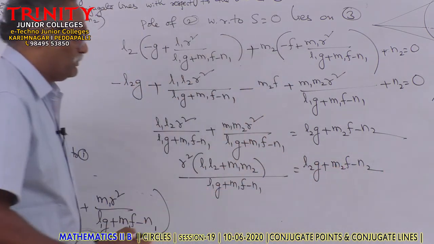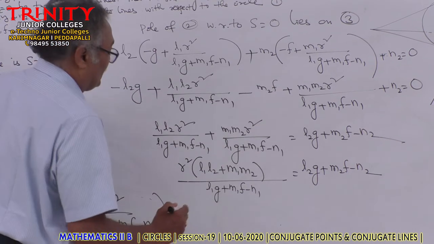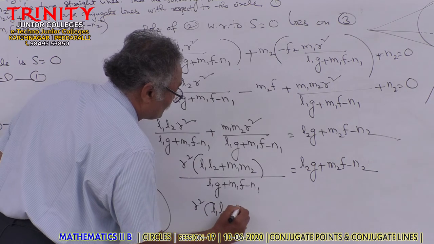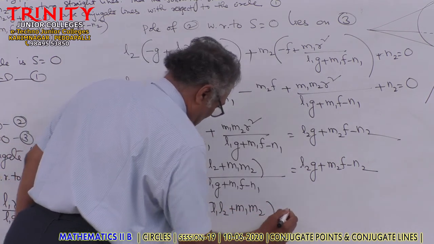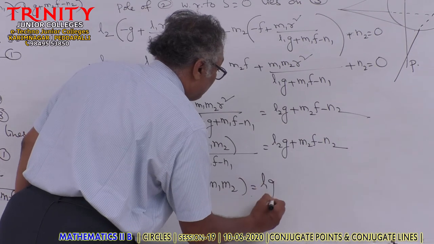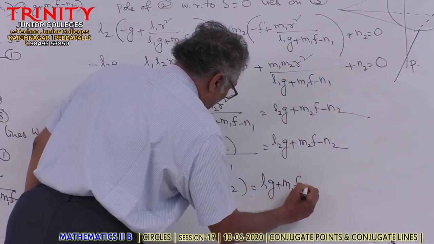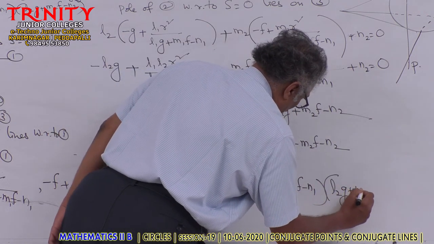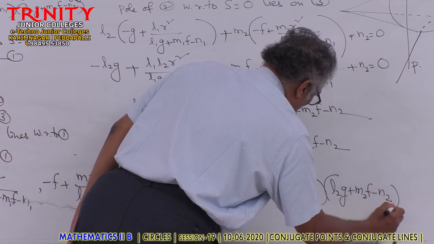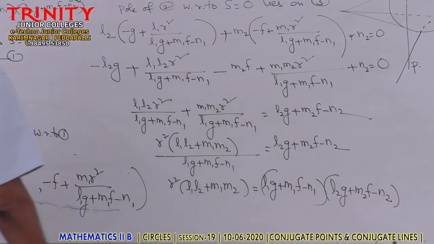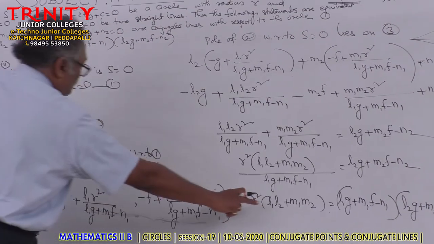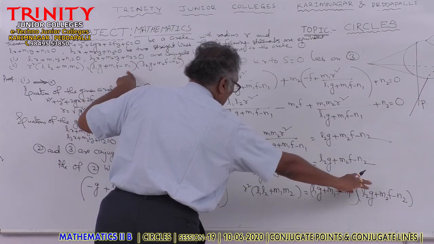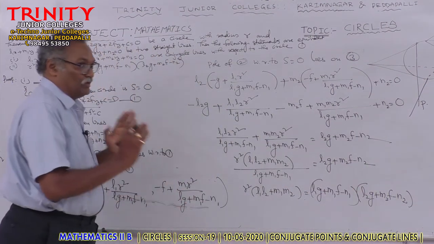By cross multiplication, R square into L1 L2 plus M1 M2 equals L1g plus M1f minus N1 into L2g plus M2f minus N2.